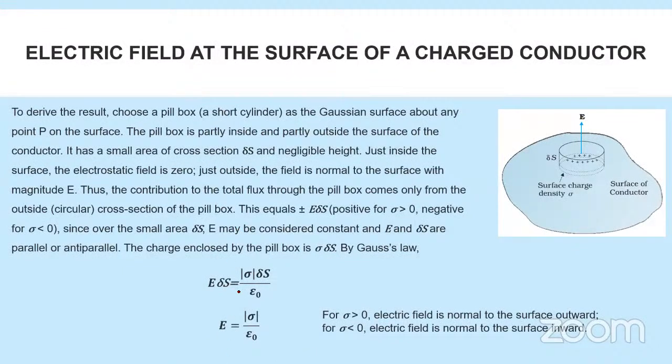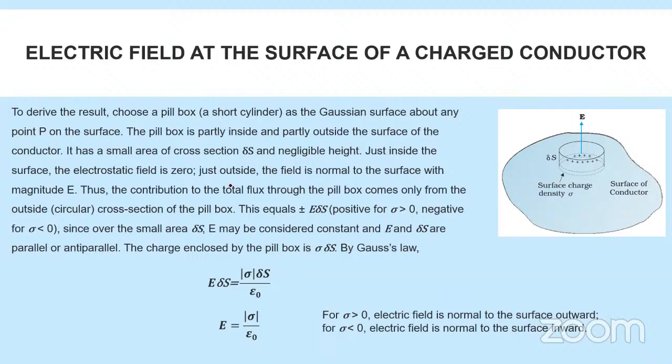Now if we want to find what would be the electric field at the surface of a charged conductor, we saw that the electric field or the electric potential will be different at the surface and at a point outside the surface. Inside the conductor we saw that the electric field would be 0.